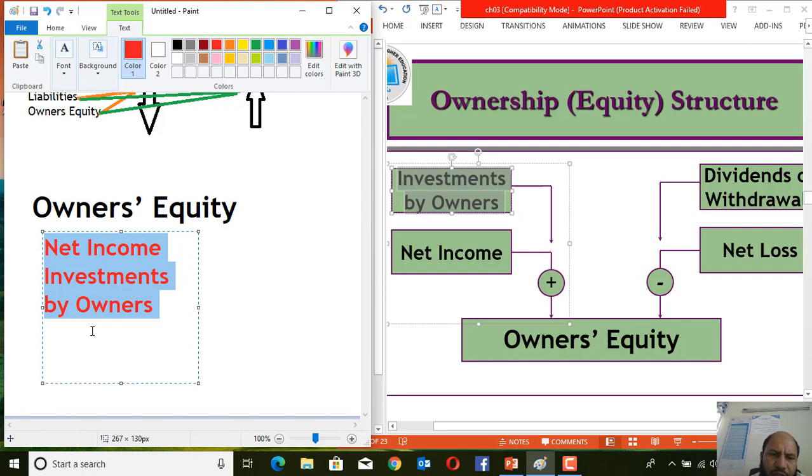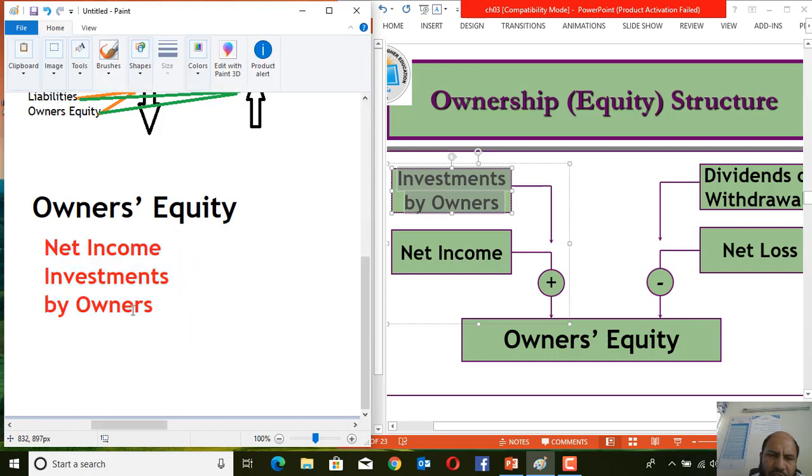And if the owner invests money in the business, it will also increase the owner equity. So these are the two things which will have a positive impact on owner equity. But let's discuss the negative impact on owner equity.